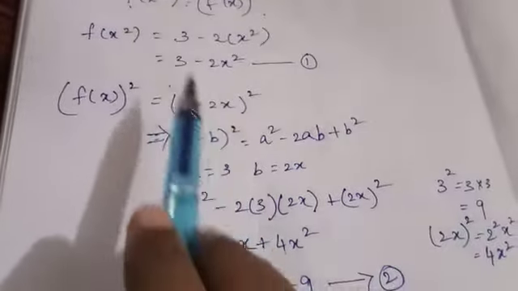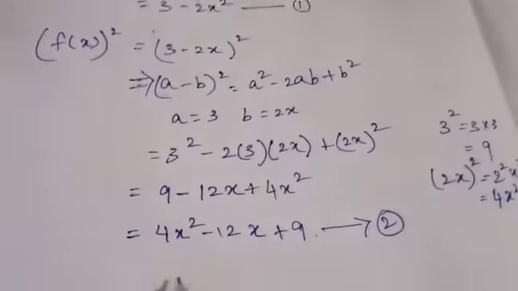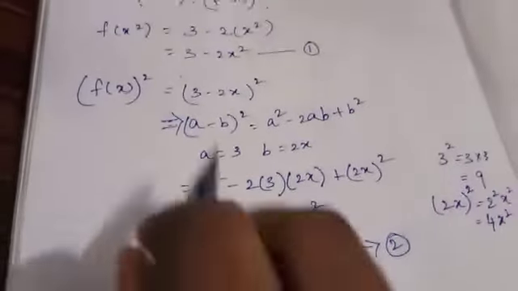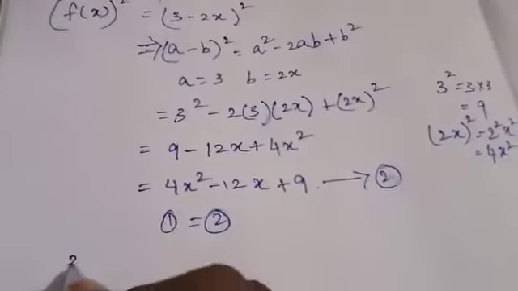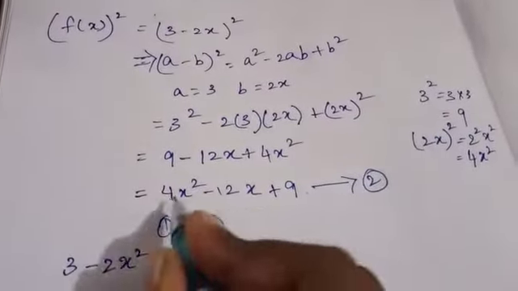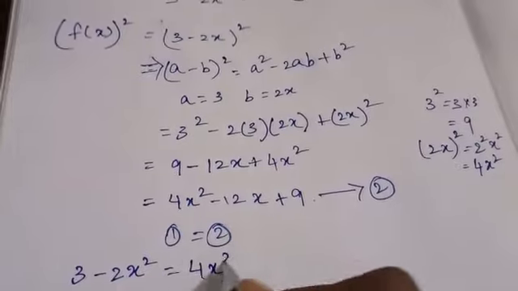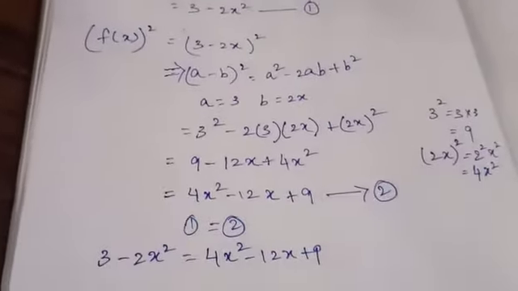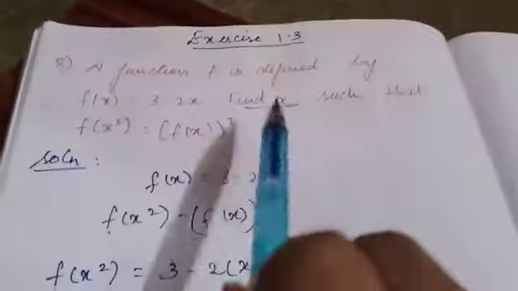So now we are going to equate equation 1 and 2. That is 1 is equal to 2. What is the first equation? 3 minus 2x square is equal to, our second equation, 4x square minus 12x plus 9. Now we are going to find the value of x, right?